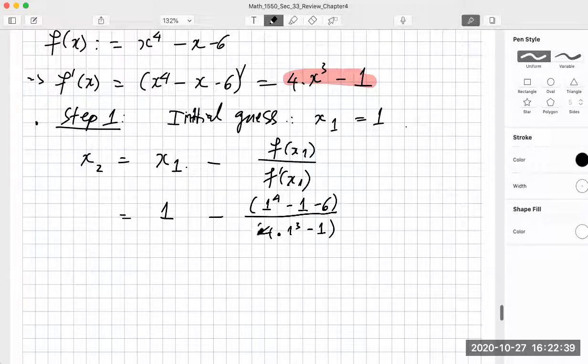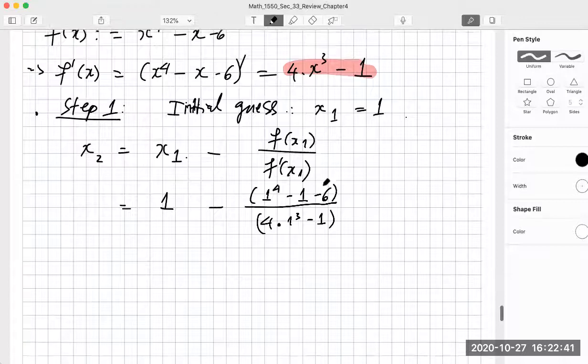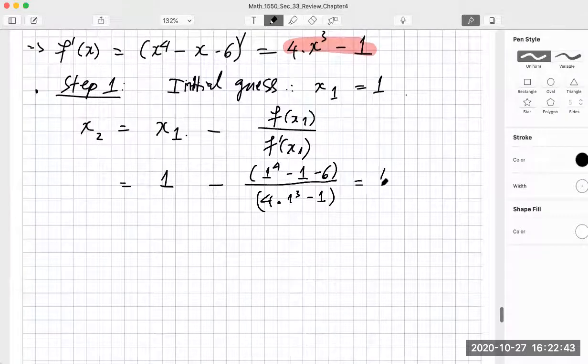Just substitute into the formula we found here, right? It will be 1 minus, here 1 to the fourth minus 1 will be simply 0, and here is -6. The denominator will be 4 minus 1, which is 3.